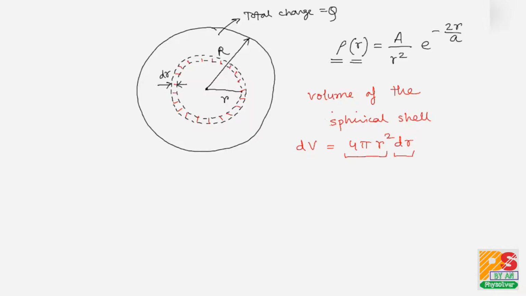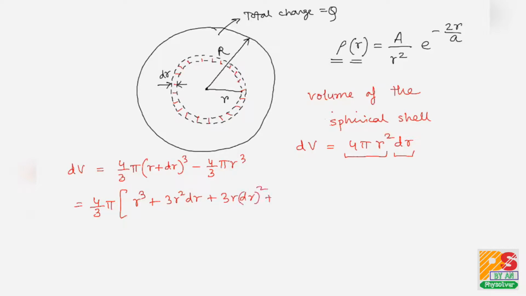There is another way of finding this. You can also find dV like this: 4 by 3 pi (r plus dr) whole cube minus 4 by 3 pi r cube. Taking 4 by 3 pi common, we get r cube plus 3r square dr plus 3r dr square plus dr cube minus r cube.